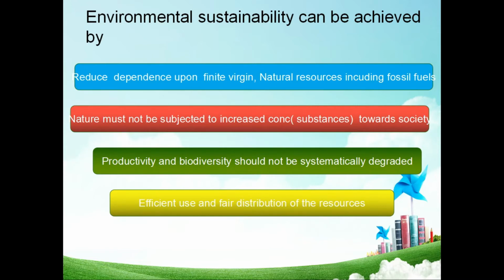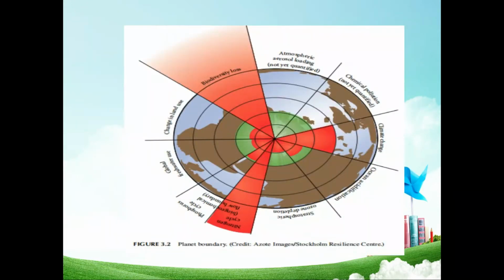And the next important thing is productivity and biodiversity should not be systematically degraded. If the natural resources are utilized for consumer consumption at a slow or fast phase, they will be degraded at a rapid rate.